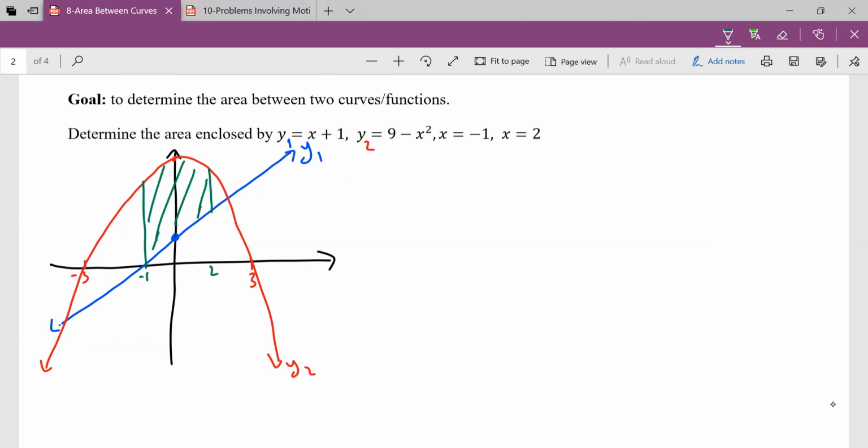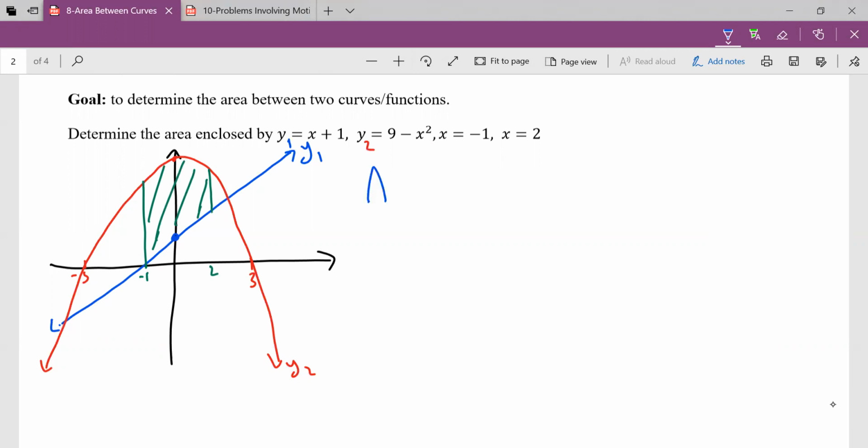All right, friends. So now we've got to find that region. It's nice because our top function, y2, is always the top function, and our bottom function, y1, is always the bottom function. So let's find this area.